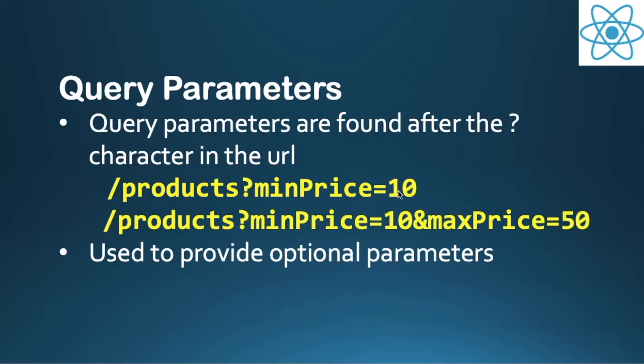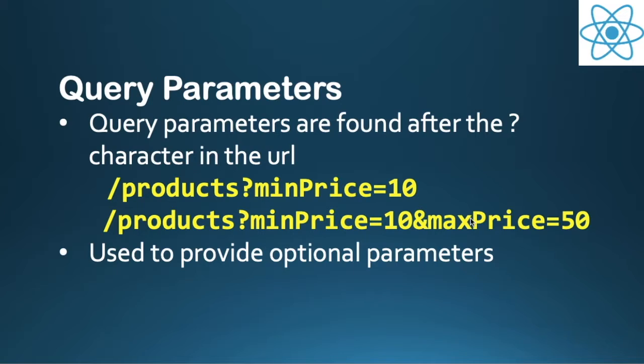So this is a query parameter, and we can have as many query parameters as we want, which are separated by an ampersand or an and. Like we can see in this, slash products question mark min price is equal to 10 and max price is equal to 50. So here we have two query parameters, min price and max price.